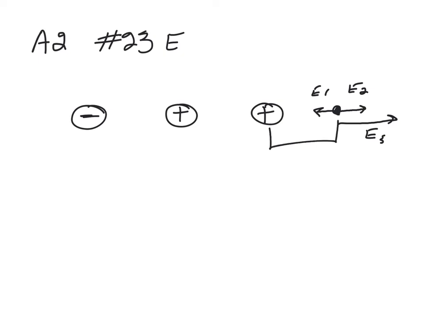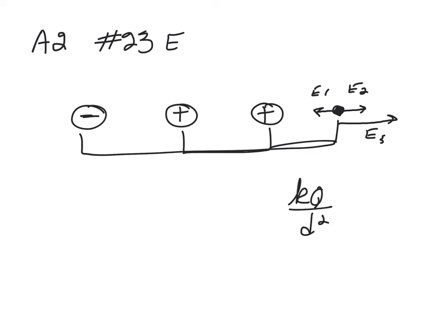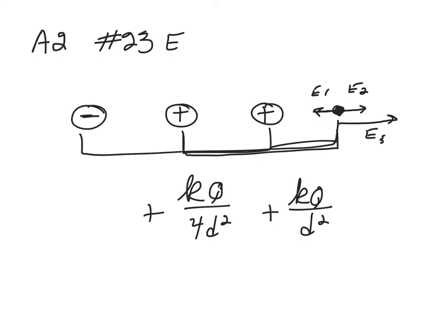So since this is D, this is 2D, and this is 3D. Remember, it's the distance from the point to the charge. E3 is going to be KQ over D squared. And E2 is going to be KQ over, right, 2D squared, or 4D squared. 2D whole quantity squared. And the furthest one away, the E1, due to the negative charge, oh, we got to make that negative though.